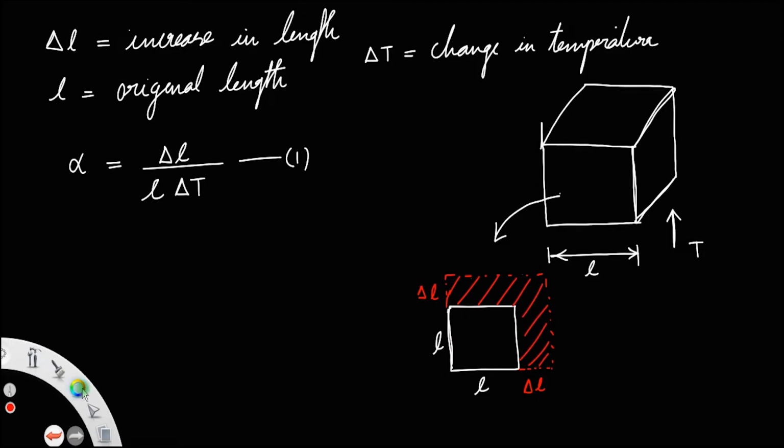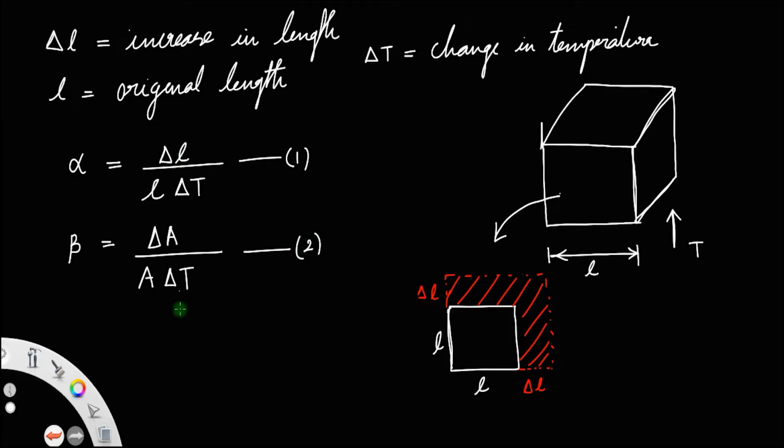And we define another factor called beta, the coefficient of superficial expansion. We define that as change in area by original area per unit rise in temperature. This is called beta. Let's call that equation number 2.